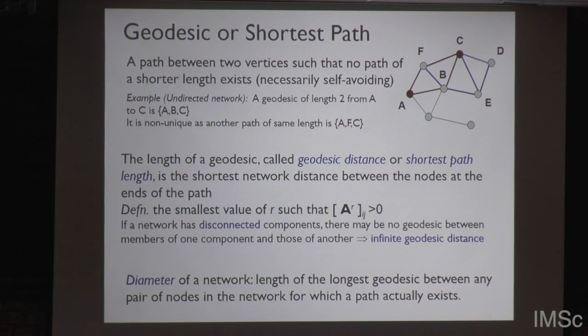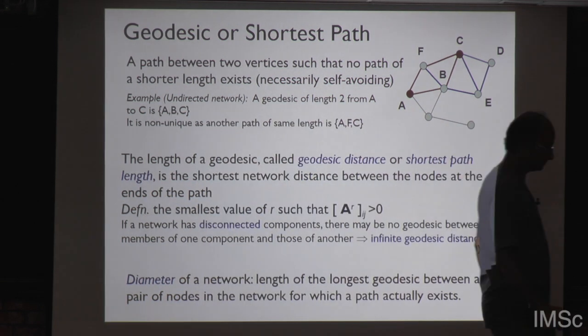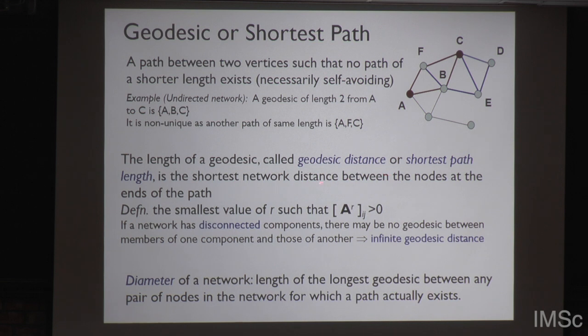Now, going back to the question of paths and path lengths, oftentimes we are interested not just in any arbitrary path, but the shortest path, because we want to know how quickly a disturbance, perturbation, information, or signal goes from one end to another end of the network.